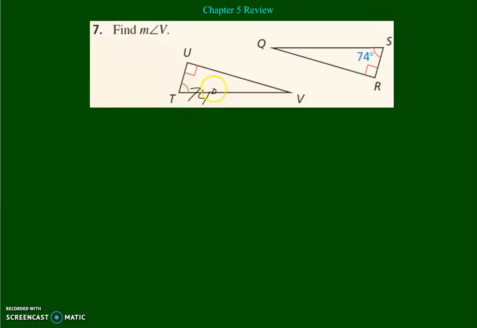74 degrees. Now we can use the corollary to the triangle sum theorem to find the measure of this angle. Knowing that, this is problem 7, the measure of angle V plus 74 degrees equals 90 degrees.